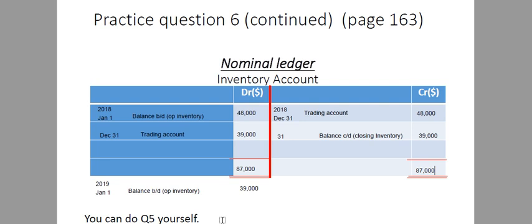What you need to know for now is that an inventory account is needed in the nominal ledger only at the end of the year, where we started with the opening inventory, transfer it to the trading account, and then the closing inventory is shown as the balance c/d, and that balance c/d is also transferred to the trading account. Okay, and then the new year is started with the opening inventory, which is the closing inventory of the previous year. So that does it.